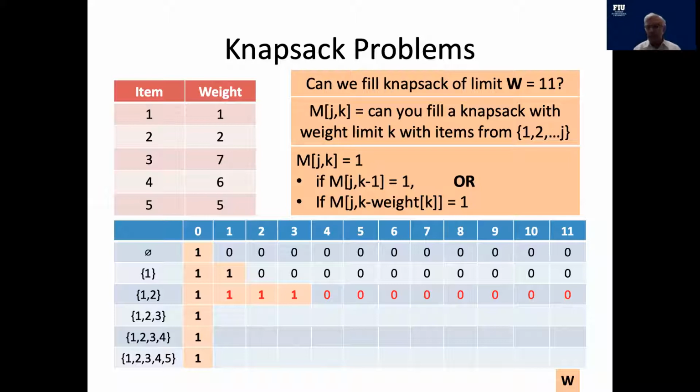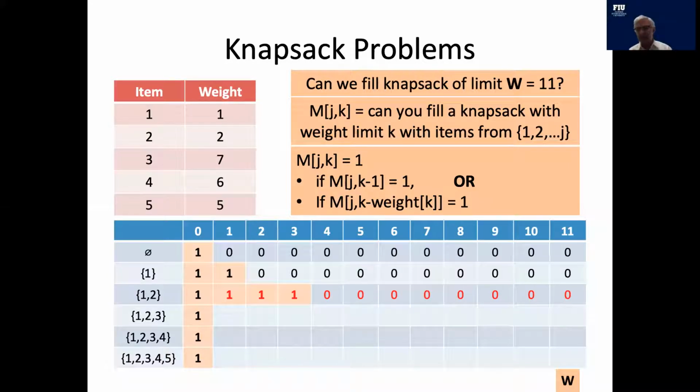Either I add it or I don't. So what I'm going to do is I look at the previous row here, and I will know exactly how to fill this up because now I only have one new item, and that's the third item. And the third item has weight 7. So for each of these guys, I could add 7 to it or not add 7 to it. Those are going to be my only possibilities, and all those places are going to become 1.